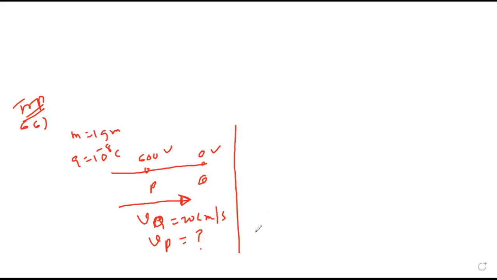Kinetic energy is half m v square. Now when it went from 600 volt to 0 volt, did the kinetic energy decrease or increase? Sir, decrease. It decreased because the potential is decreasing. So I can say half m into vq square minus vp square. So the decrease is nothing but q into difference of voltage. Yes, sir.